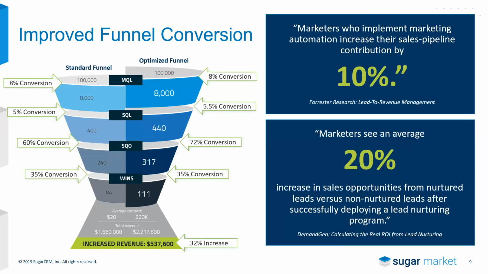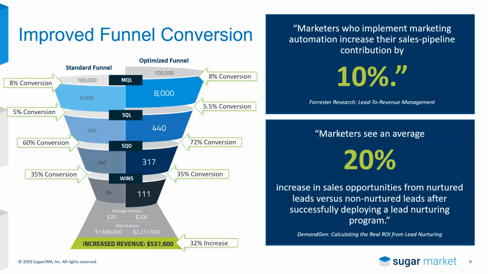What this ultimately leads to is a representation of a kind of standard and an optimized funnel. So when you think about an optimized funnel, this is a sales process with a robust marketing automation and CRM implementation, SLAs in place to make sure that we're all tracking and monitoring and measuring the effectiveness.